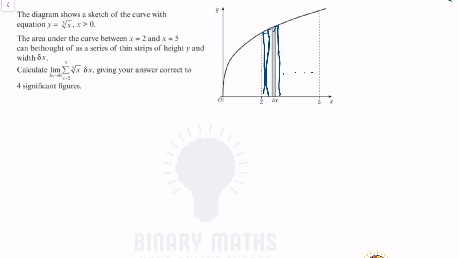Calculate the limit as delta x tends to 0 of the summation from x equals 2 to 5 of the cube root of x delta x, giving your answer correct to 4 decimal places.